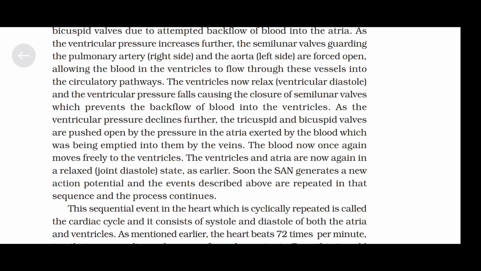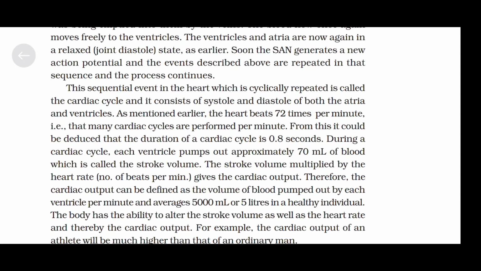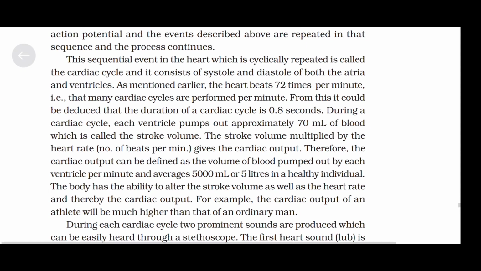Soon the SAN generates a new action potential and the events described above are repeated in that sequence and the process continues. This sequential event in the heart, which is cyclically repeated, is called the cardiac cycle, and it consists of systole and diastole of both the atria and ventricles.